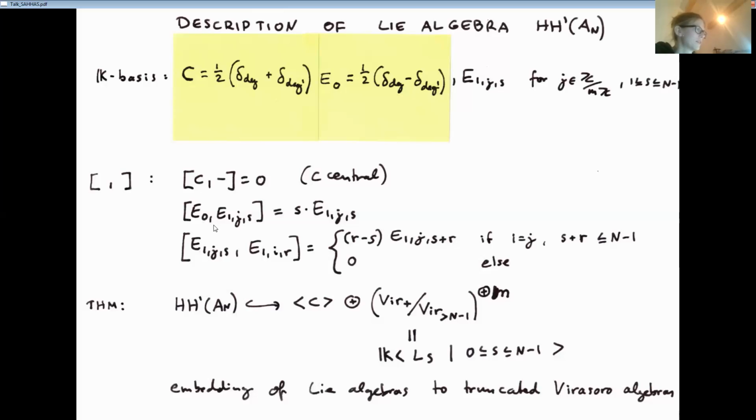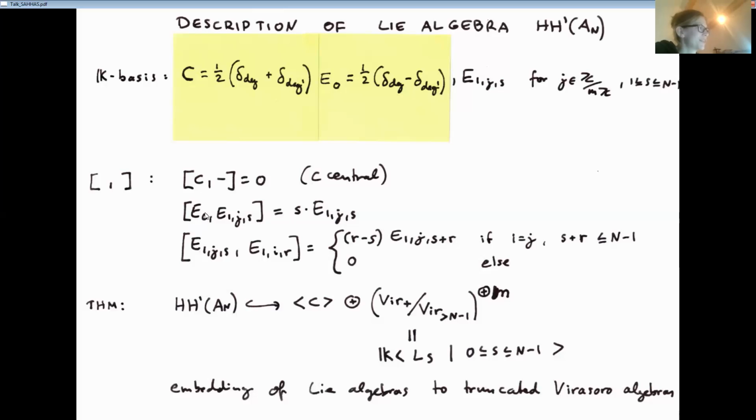And this one will indeed multiply E1JS by S, which is quite clear again if we just remember the definitions and keeping in mind that if everything is graded, then everything is very simple for these degree derivations.